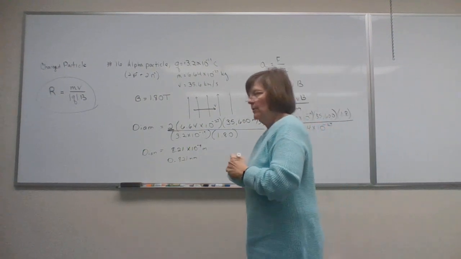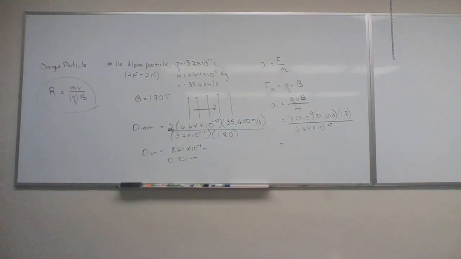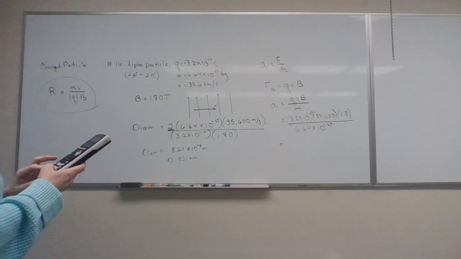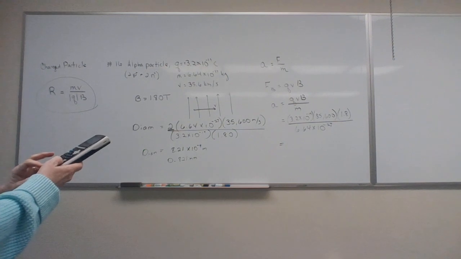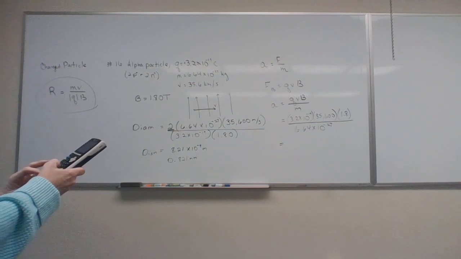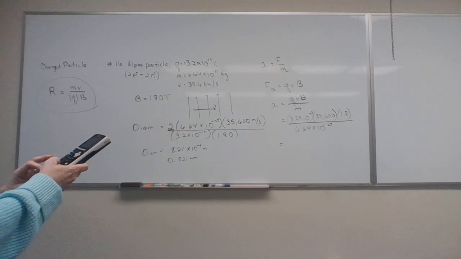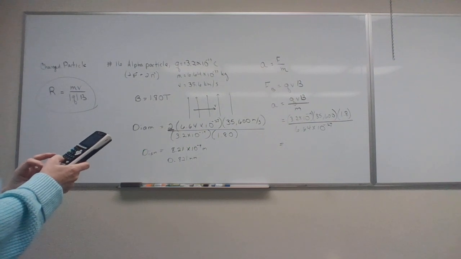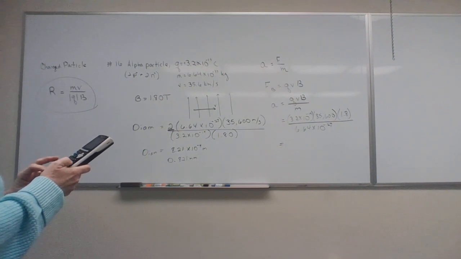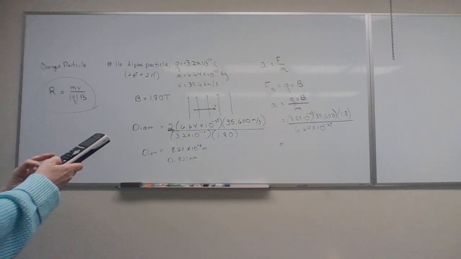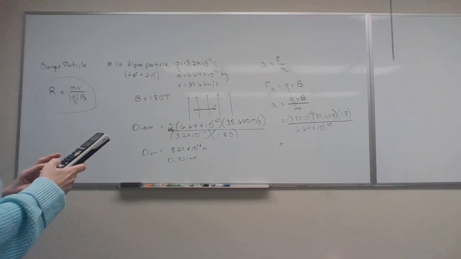That's how I get my acceleration. 3.2 times 10 to the negative 19 times 35,600 times 1.8 divided by 6.64 times 10 to the negative 27.